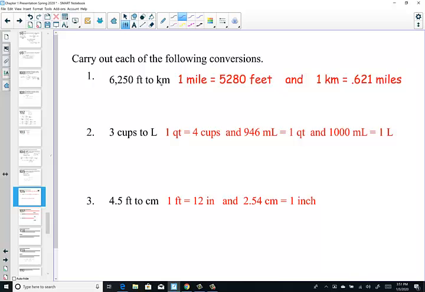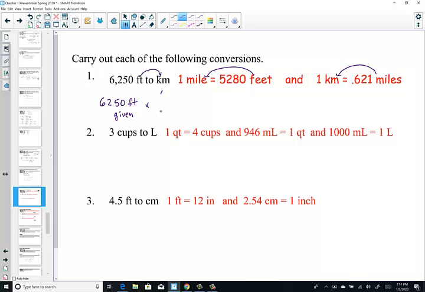Feet to kilometer. Start your journey by writing out the number and the unit that was given to you in the problem. I want to go from feet to kilometers, but no matter how much I tried, I couldn't find a direct conversion between these two. But I did find a pathway. I found a conversion that would allow me to exchange feet for a mile and then a mile into a kilometer.